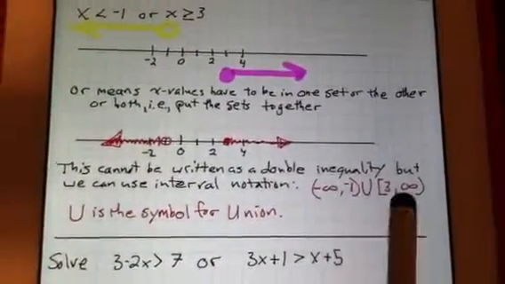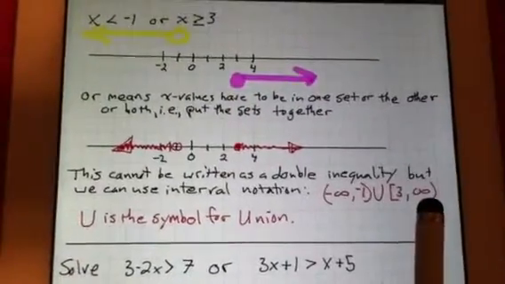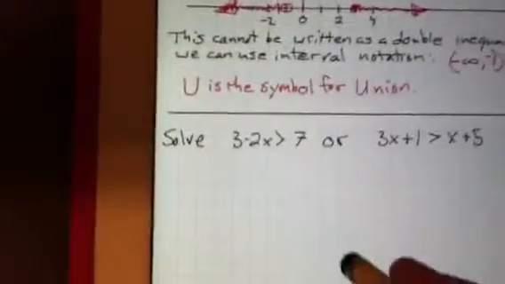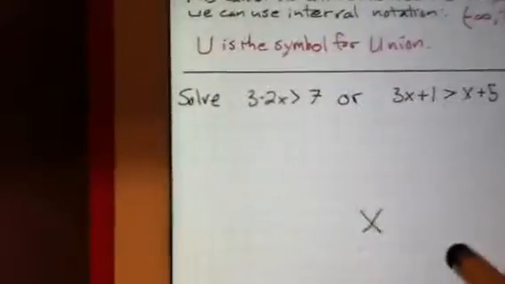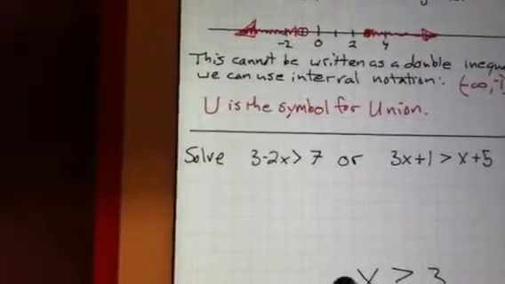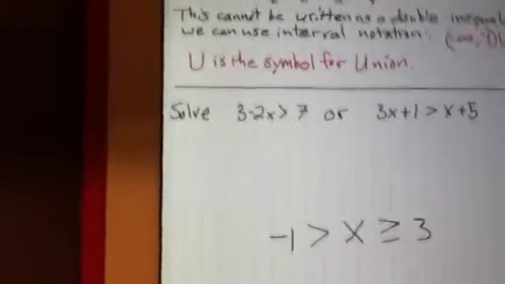So this one's a little more complicated. I cannot write this as a double inequality like we did before, and I'll show you why down here. Say I got a pen. If I tried to put x in the middle, well, x here is greater than or equal to 3. X is also less than -1, reading from the variable.